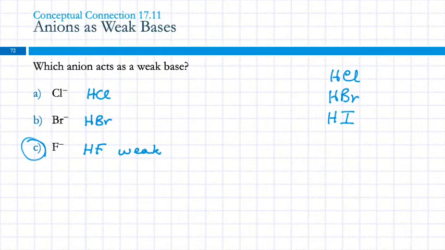So those are the halides, but fluorine is the smallest sister. The others are strong, she's weak. Later in the chapter we'll learn why that is. And then there's H2SO4, HNO3, and HClO4. Those are the 6 strong acids. You should memorize them.